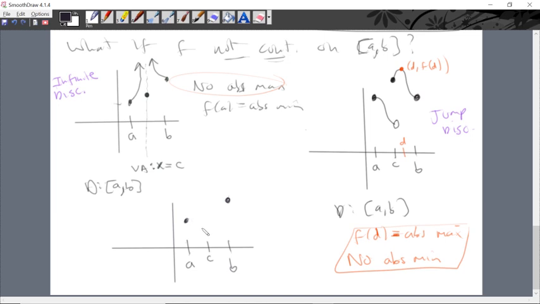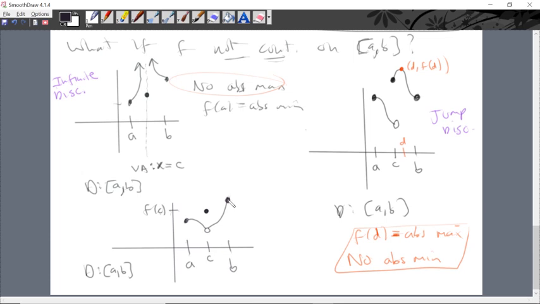It approaches like that, and then over this way. For a removable discontinuity, the limit from the left and the limit from the right are equal to each other, but the function doesn't necessarily exist at that point. But we need this to exist throughout the entire interval. We need the domain to be all values between A and B inclusive. So we would need to put some point where it is defined. So this is the point where the output is f of c.